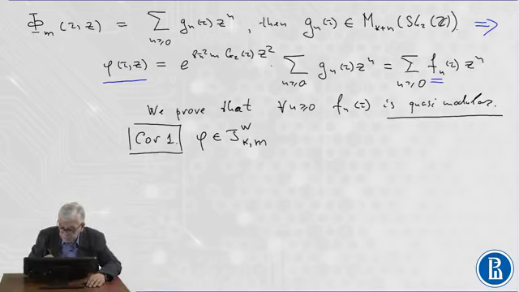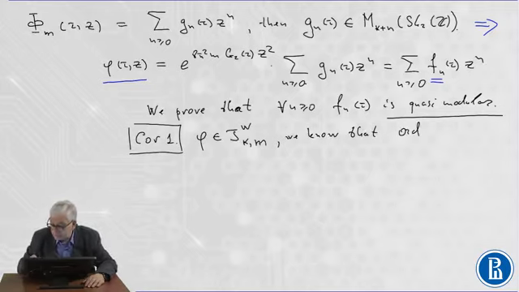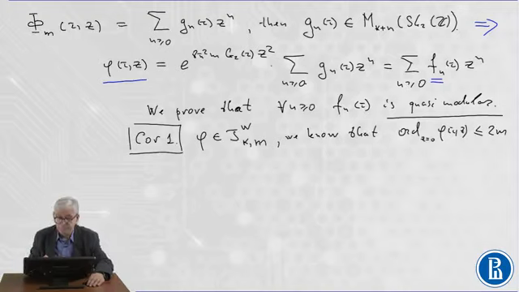Then we know that the order of zero of this function is smaller or equal to 2m. We proved this theorem in the beginning of our lectures. So this is the theorem about the number of zeros of any Jacobi form in the fundamental parallelogram. And now we see that the first 2m Taylor coefficients of any weak Jacobi form determine this form uniquely.